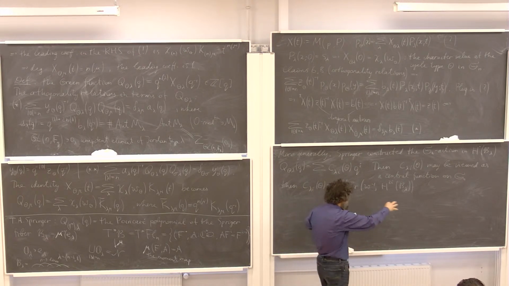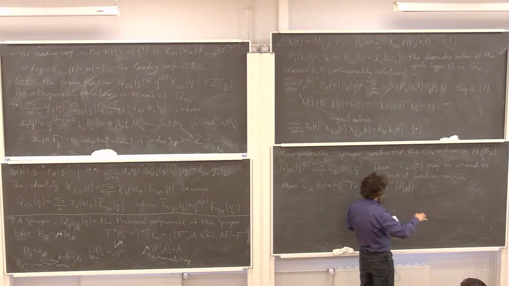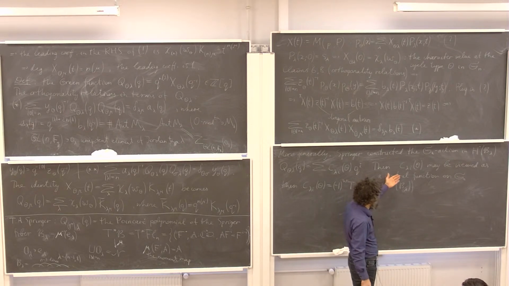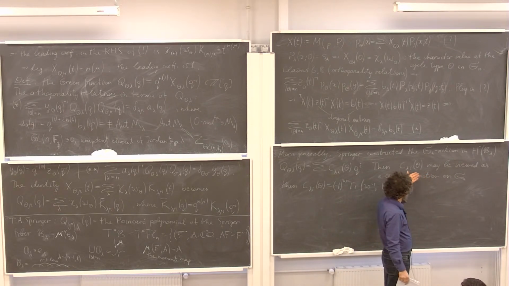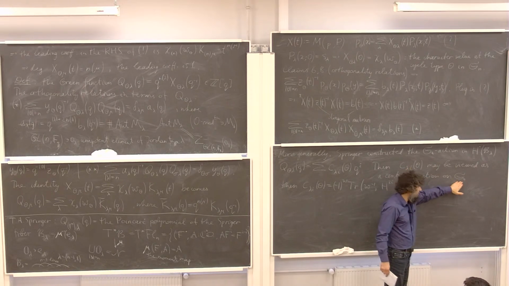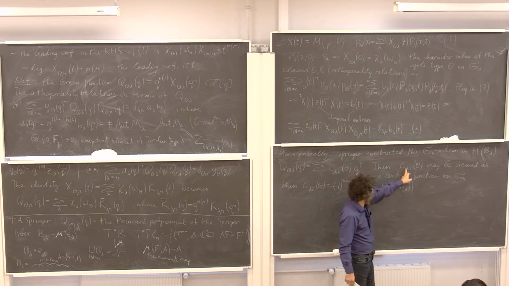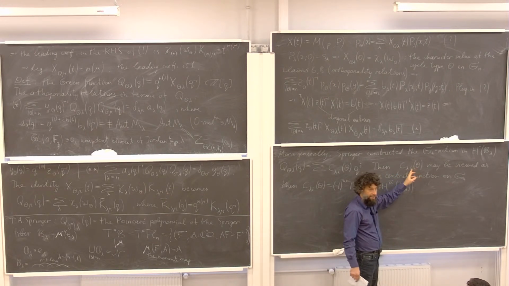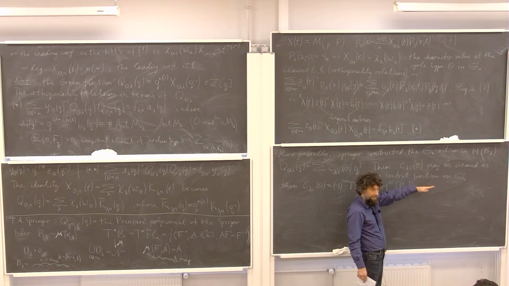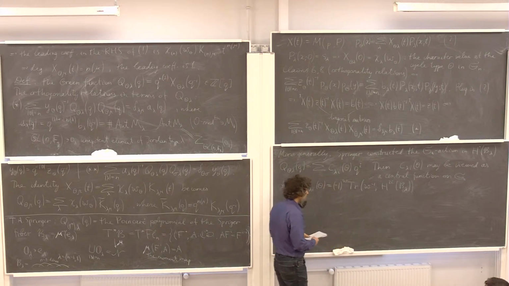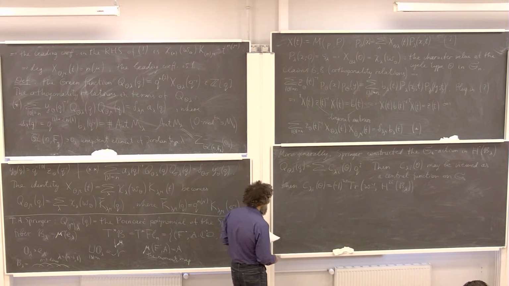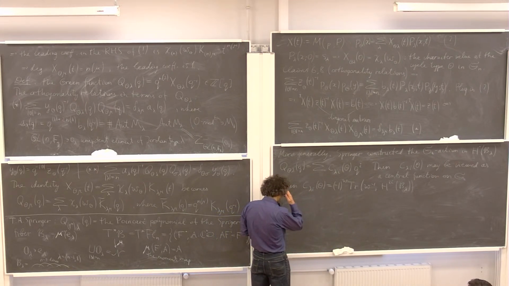Theta indexes the conjugacy classes in the symmetric group. That's why I grouped my parameters this way, so I can view this function as a central function depending on theta in the symmetric group.